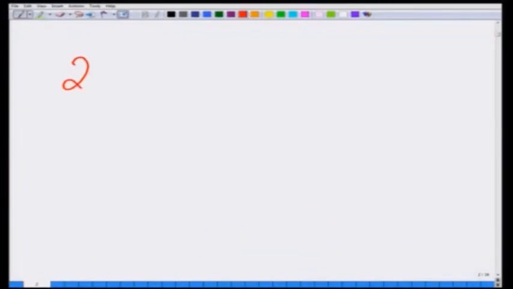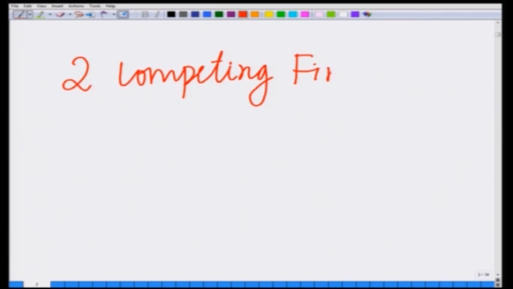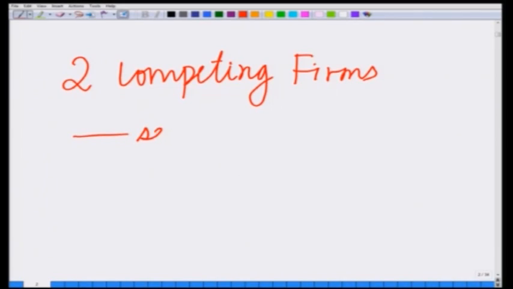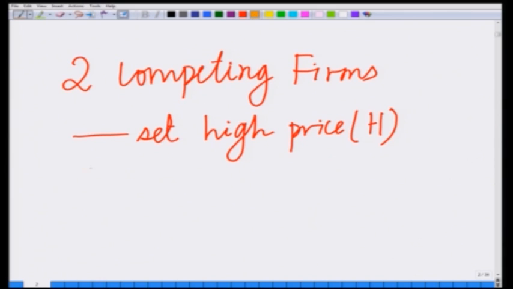So, there are two competing firms who have two possible actions: to set a high price or to set a low price. Both can set a high price H or both can set a low price.